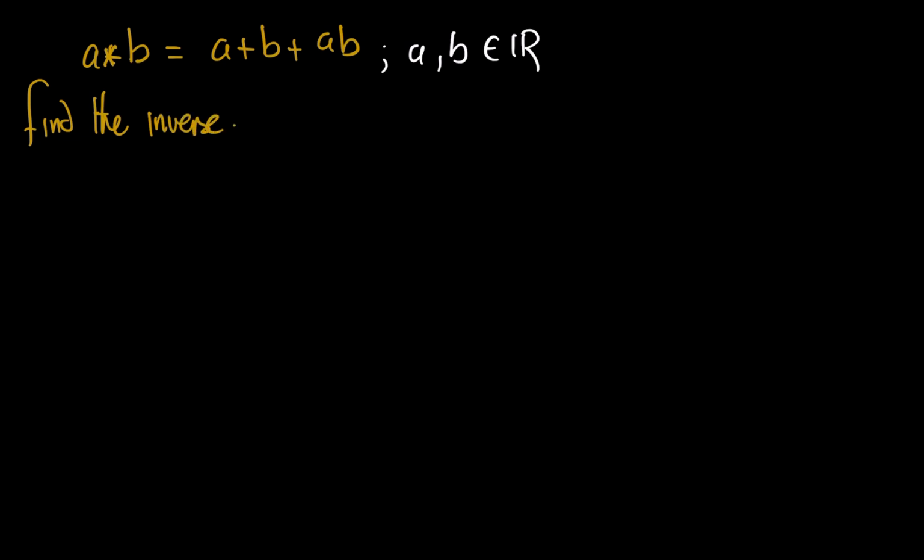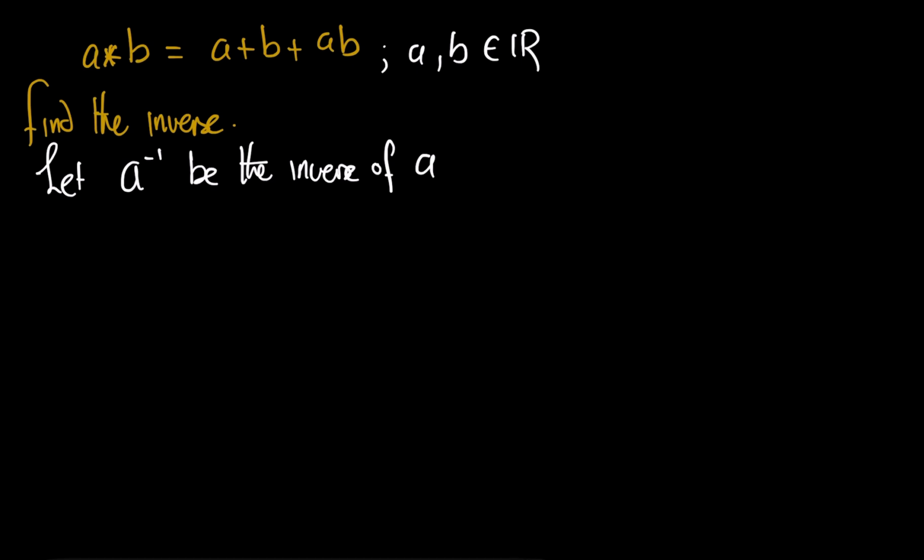Now, to find the inverse, we'll first of all say let this symbol here be the inverse of A. If that's the case, there's a property we're going to use. We shouldn't forget that.